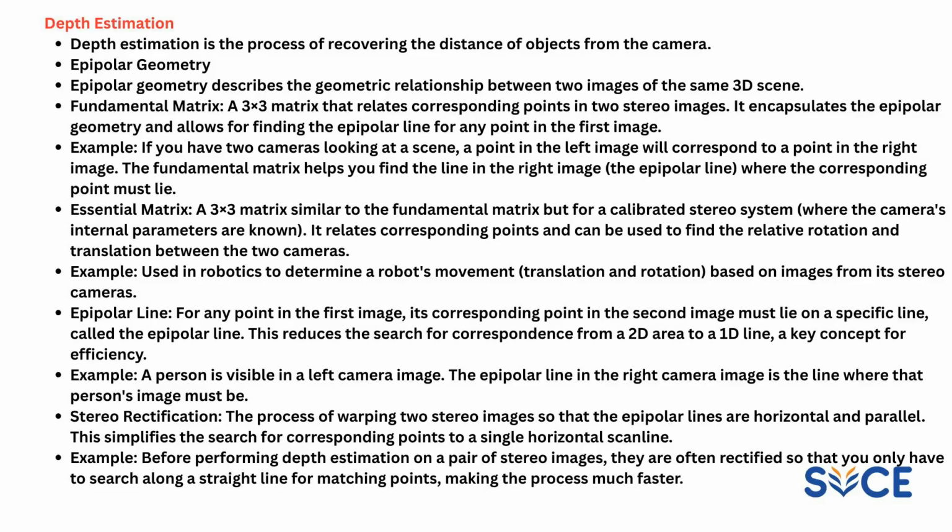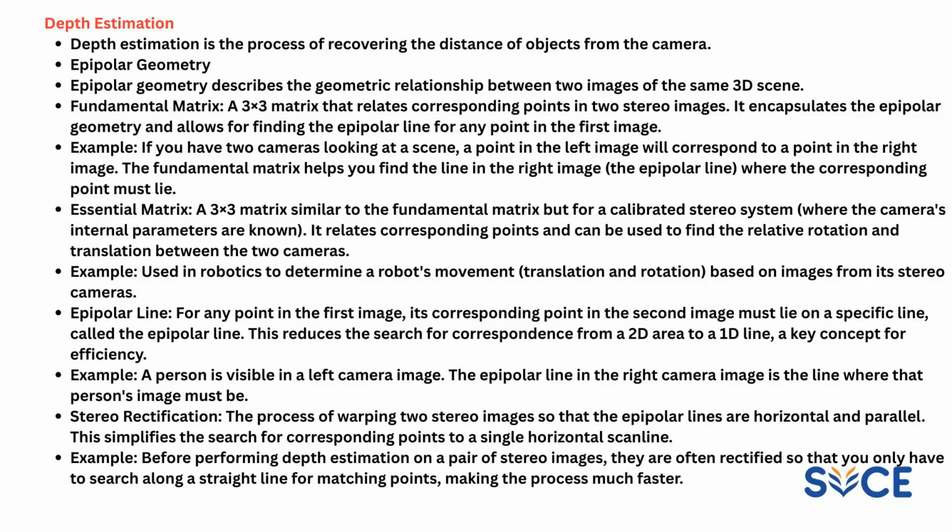That is the power of epipolar geometry. For example, if a person shows up in the left image, their corresponding location in the right image must lie along a specific line. That is how epipolar lines work.